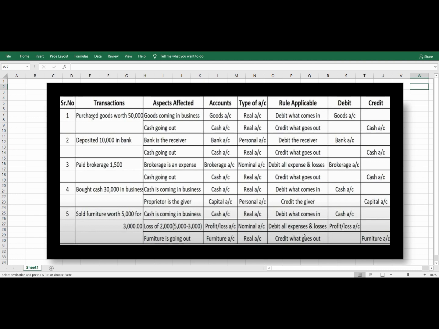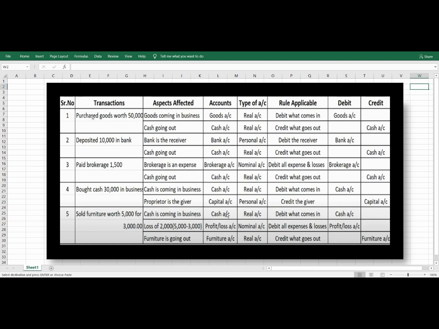So the loss of 2,000 would be debited. Similarly, we are selling the furniture. So the furniture, being a real account, is going out of business. And therefore, as per the real account rule, credit what goes out, furniture account will be credited.